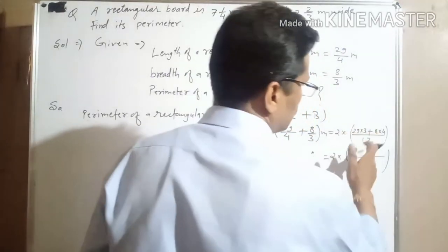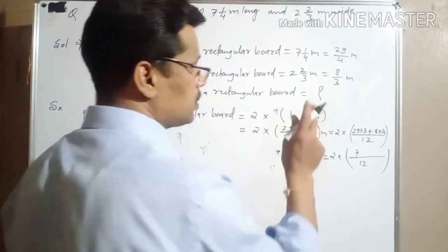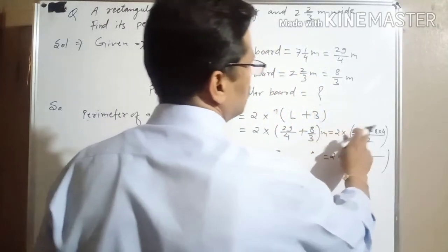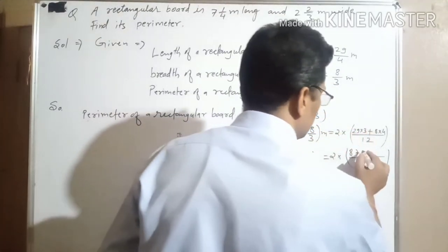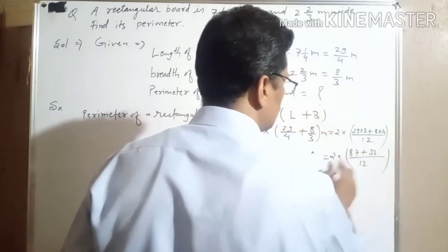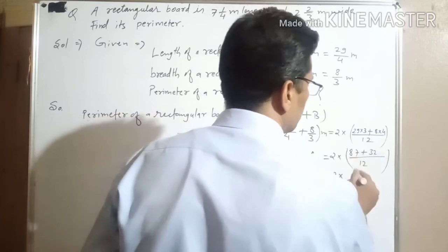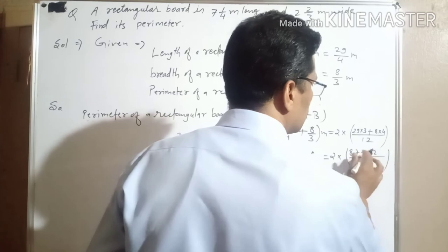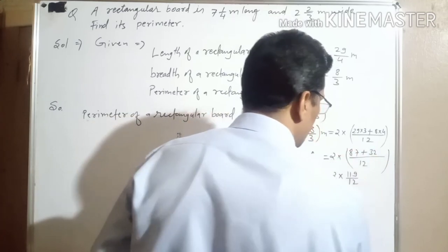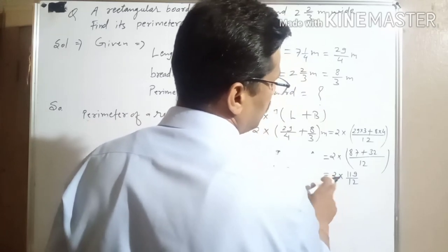29 into 3. When you multiply, 3 nines are 27. Carry 2, 3 twos are 6, 8. Also you can say 29 threes are 87. Plus sign. 8 fours are 32. Now you add: 2 into 7, 9, and 3, 8, 11... upon 12. 2 into this 12: 2 and 12 have a common divisor.